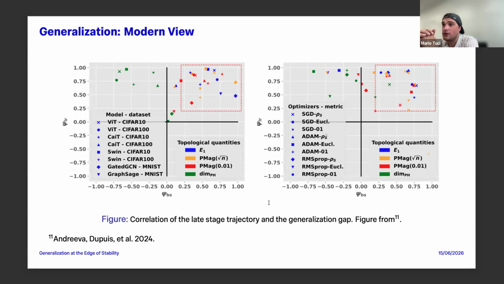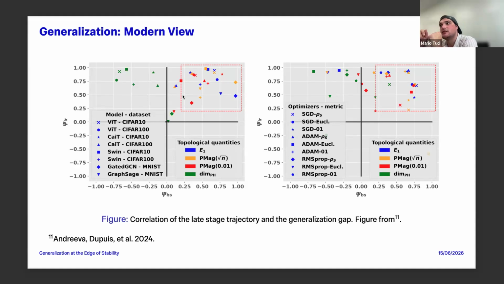What was shown in recent papers is when I look over topological quantities of this trajectory, and don't care so much what they are, they are some kind of topological signature, then they actually correlate pretty well with the generalization gap. But when we think more about their experimental setup, the interesting part was that they used the last part of the trajectory, like the final iterates when the model already converged.